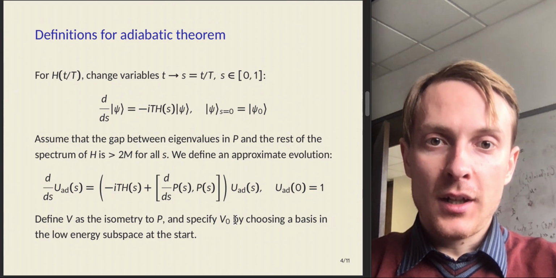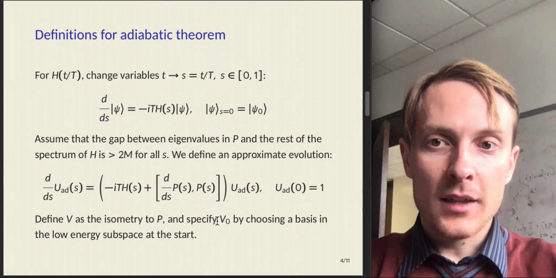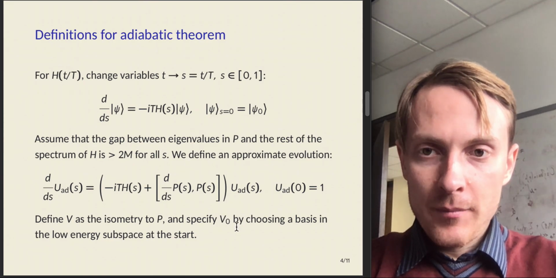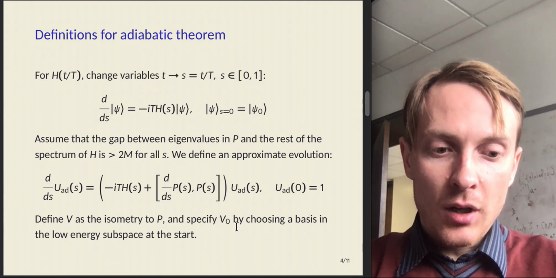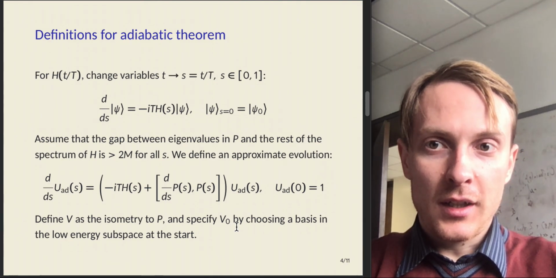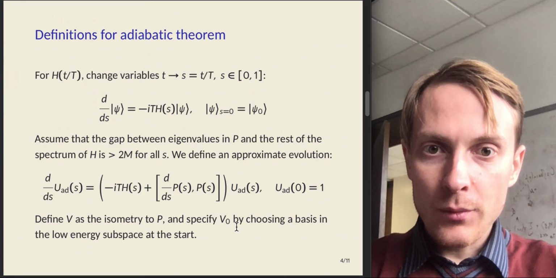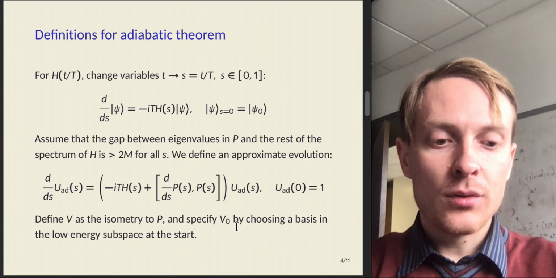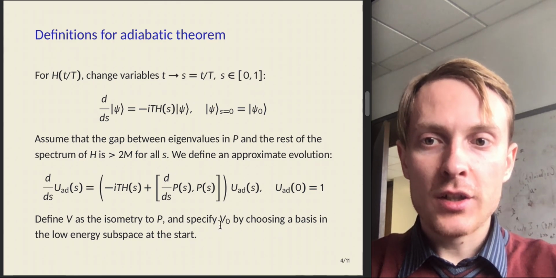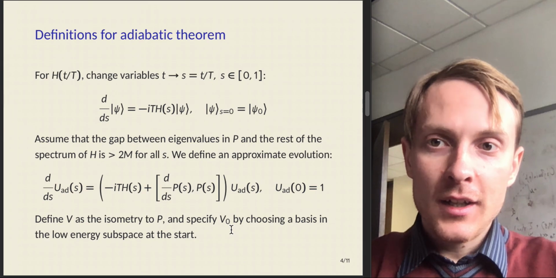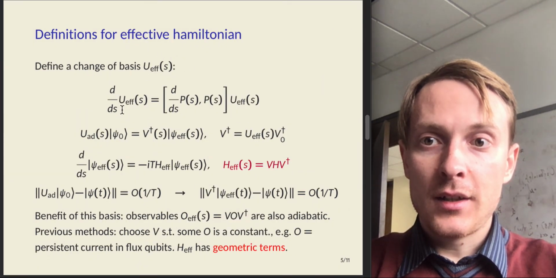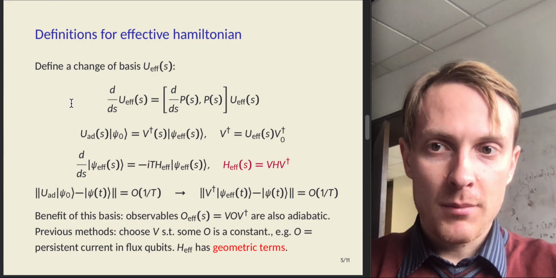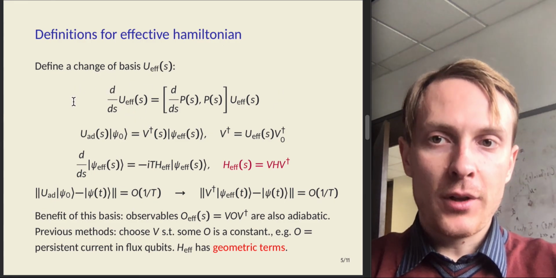So we fix that freedom at the beginning of the evolution by choosing the isometry v0. But at other points in the evolution, we actually have to be more specific, so we can't just choose any v. In fact, in principle, we could choose an arbitrary time-dependent basis, but there is a preferred way to do so.